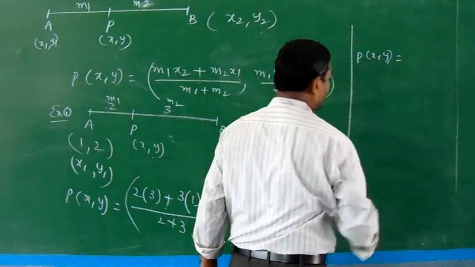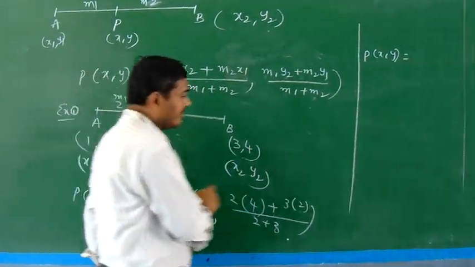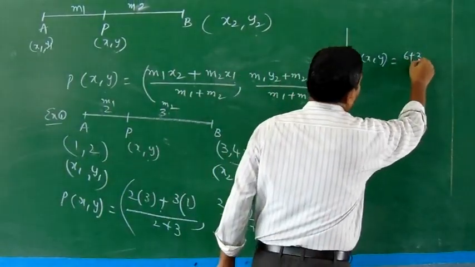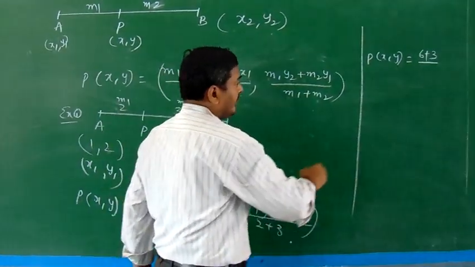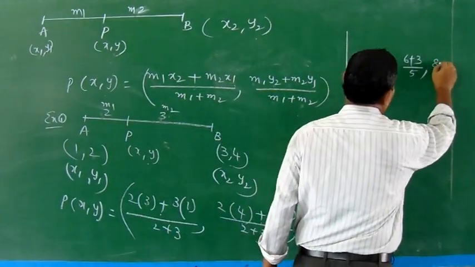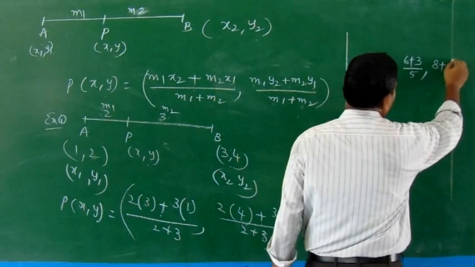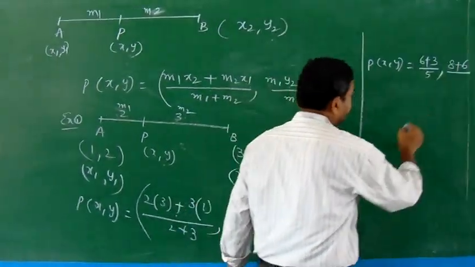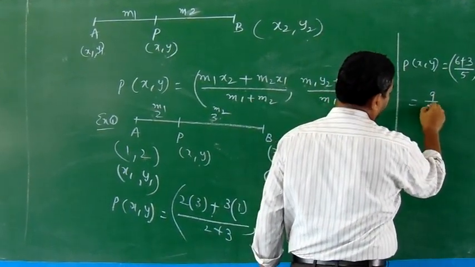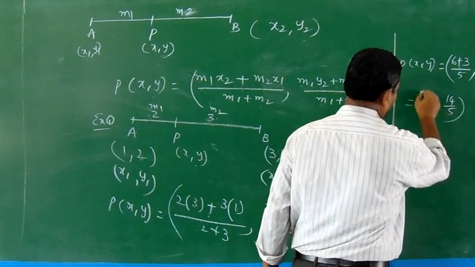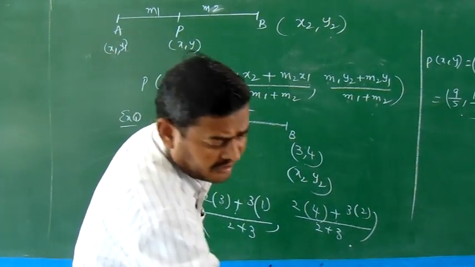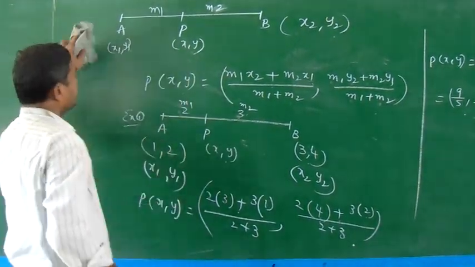Now if you simplify this, P(x, y) equals 2 threes are 6 plus 3 ones are 3 by 2 plus 3, which is 5, comma, 2 fours are 8 plus 3 twos are 6 by 2 plus 3, which is 5. That equals (9/5, 14/5). This is P, which internally divides the points.